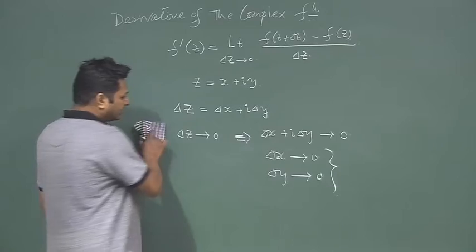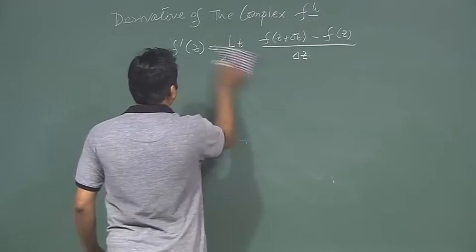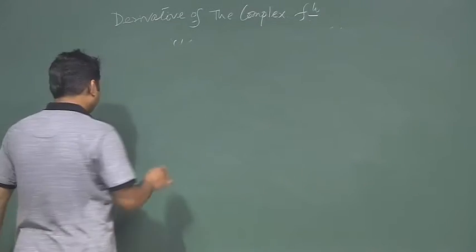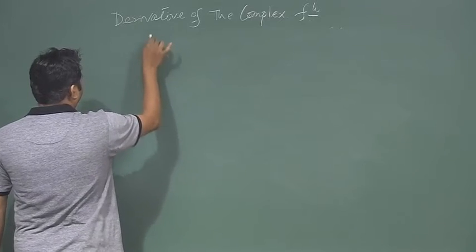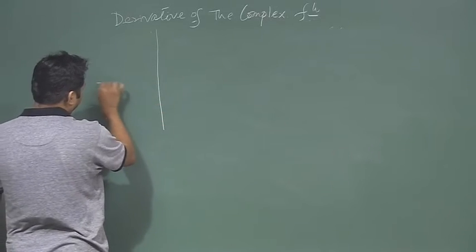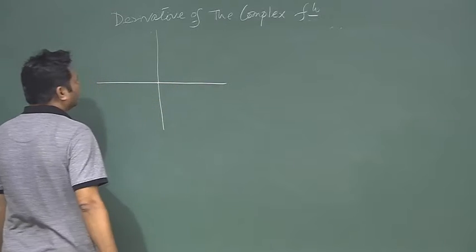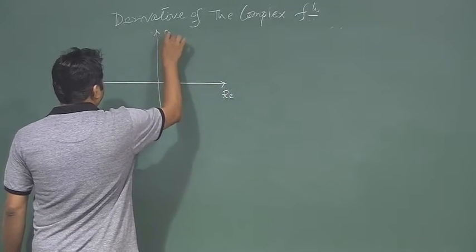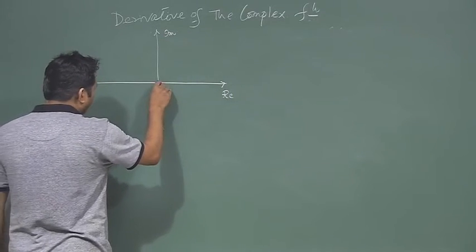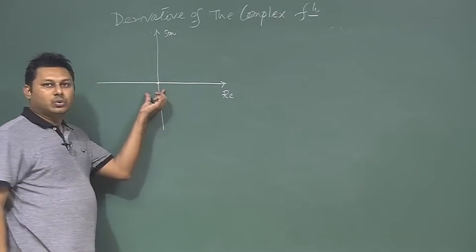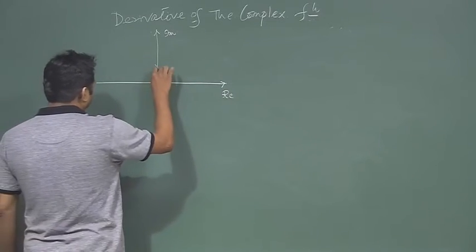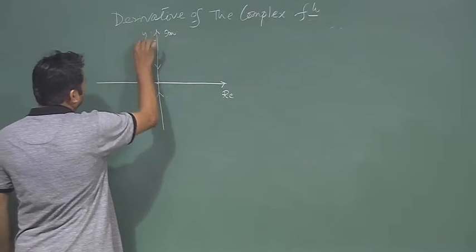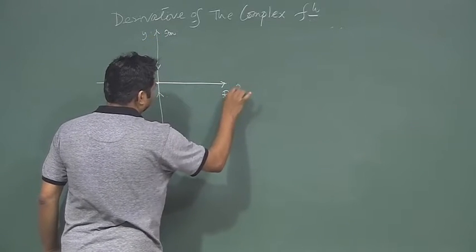So, let us just do a simple thing. This is the real and imaginary axis. If I want to go to this 0 point, one approach, which last day we actually did, is this is y and this is my x.